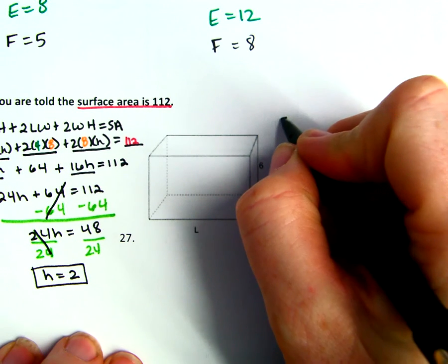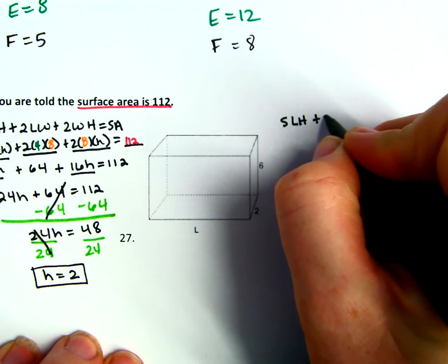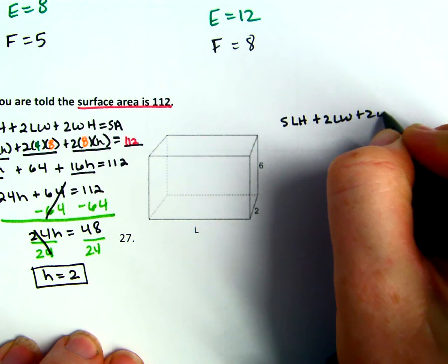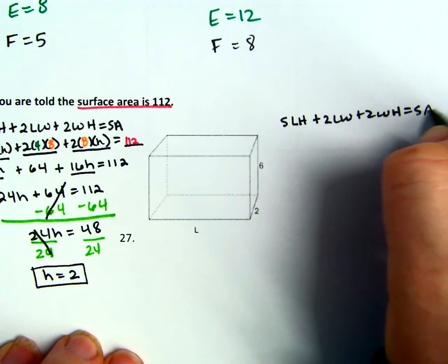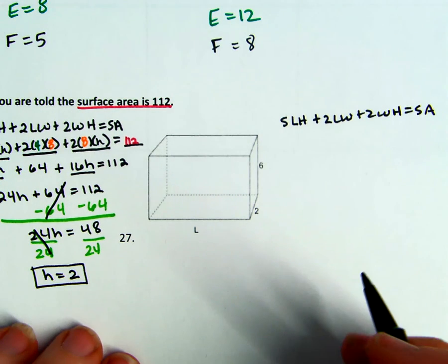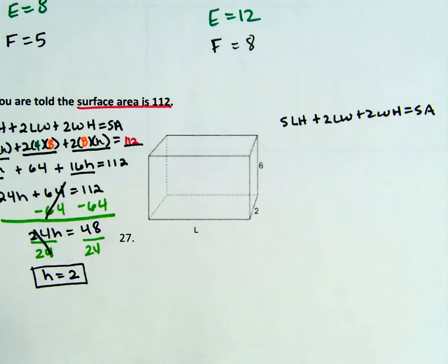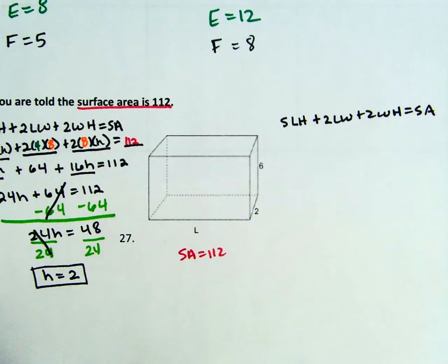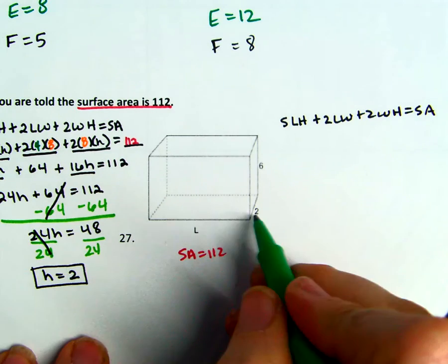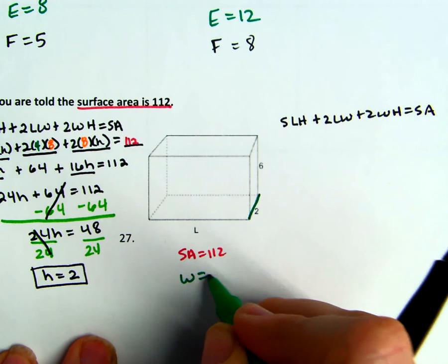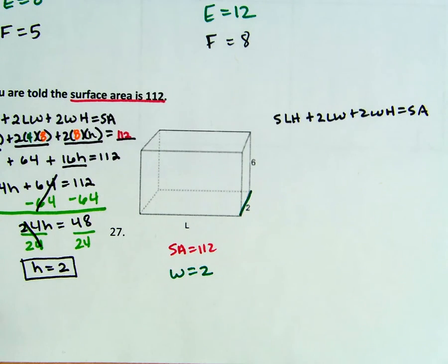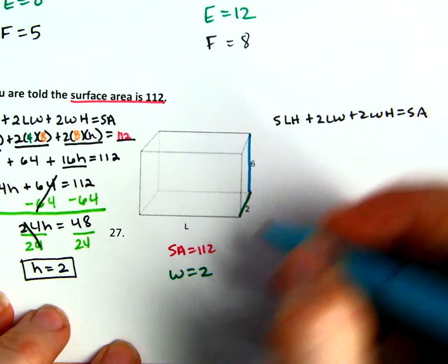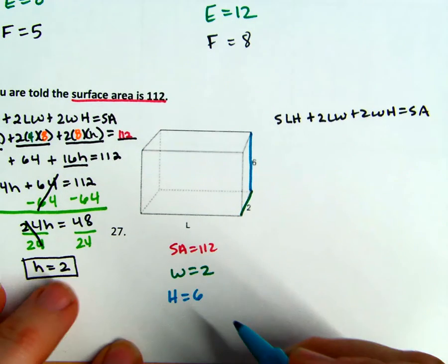My formula is 2 times length times height plus 2 times length times width plus 2 times width times height is surface area. I'm going to determine what I know. I know surface area is 112 for both of these problems. I don't know my length, but I do know my width is 2, and my height is 6.